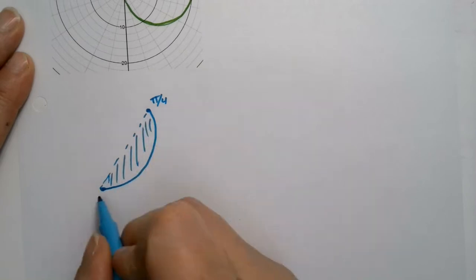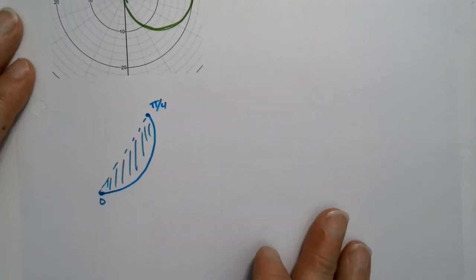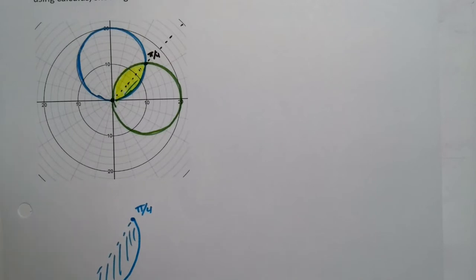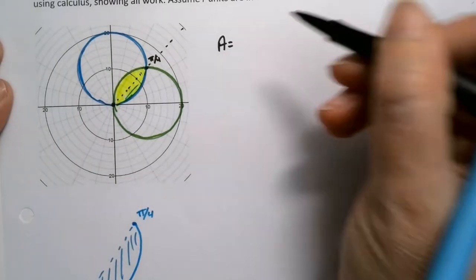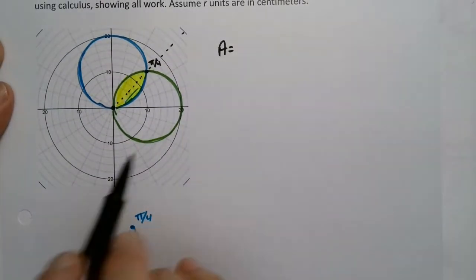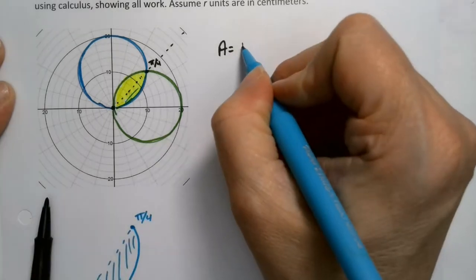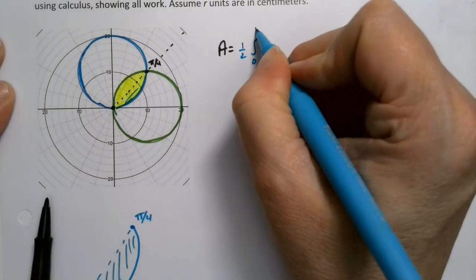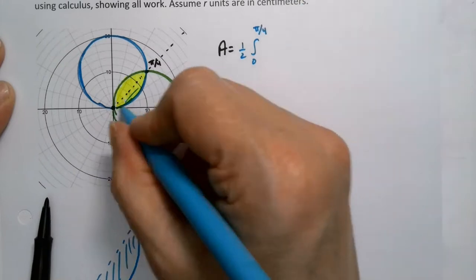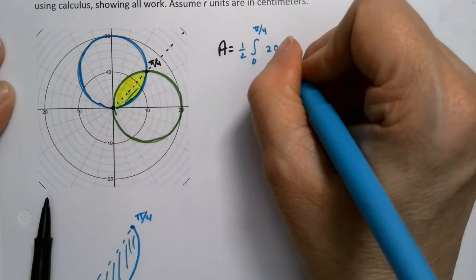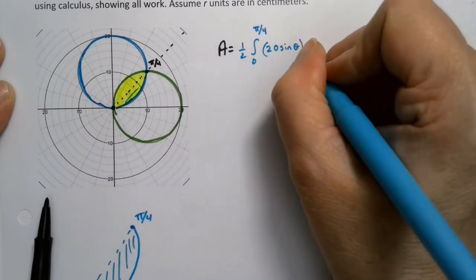So over here is 0, up there is pi over 4. So the area will be the area of the blue curve from 0 to pi over 4, which would be 1/2 integral from 0 to pi over 4. That blue curve is 20 sine of theta, and of course we square it, d theta.